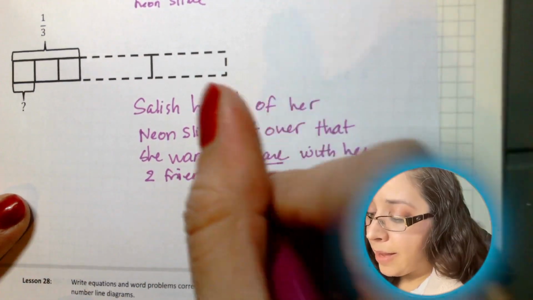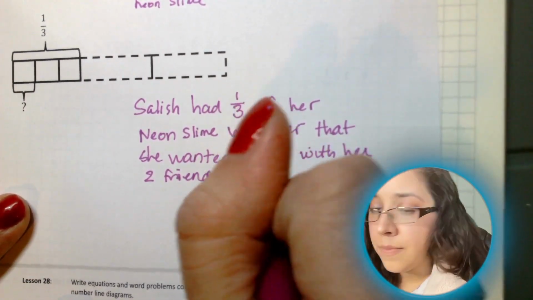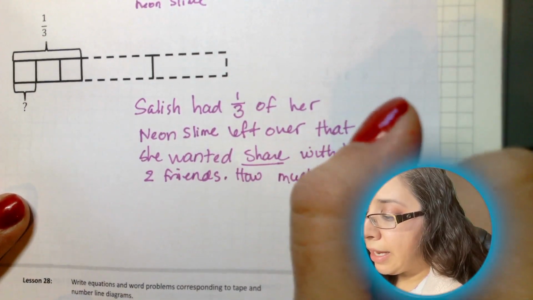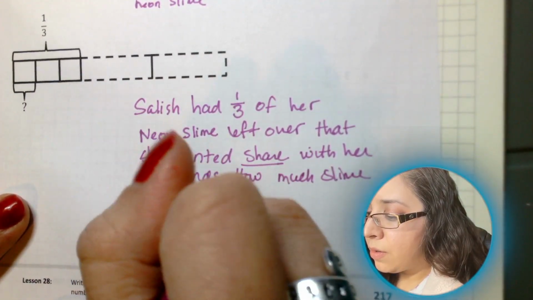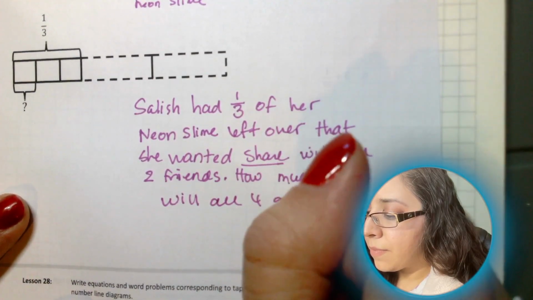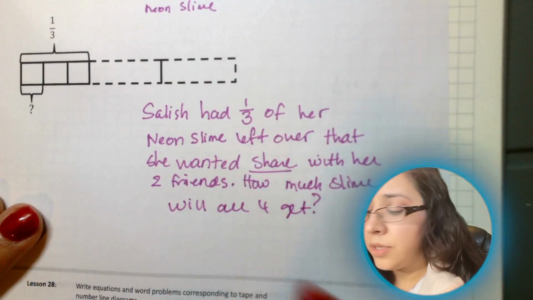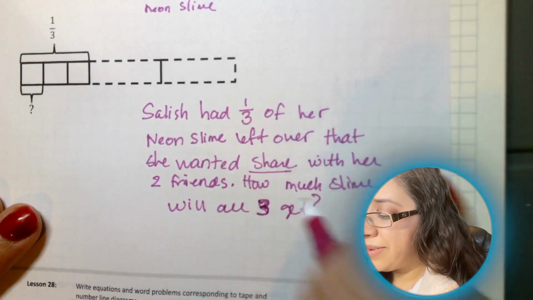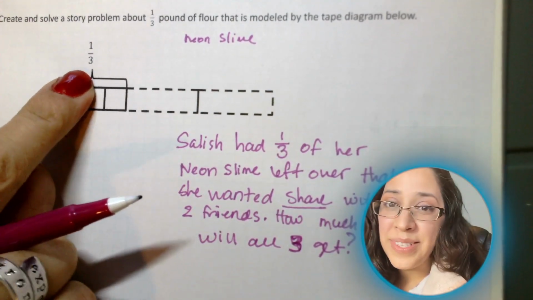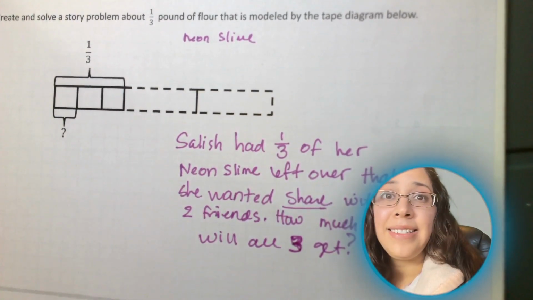How much slime will all 3 get? Right? So how much slime? Sorry, it's 3. Will all 3 get? My fraction was thirds, so make sure you write that as 3.